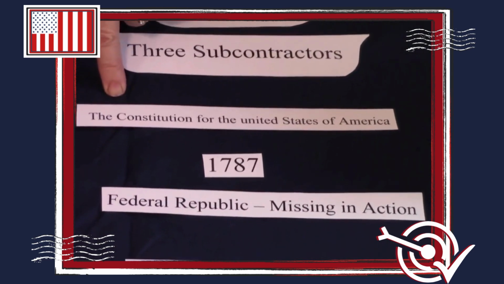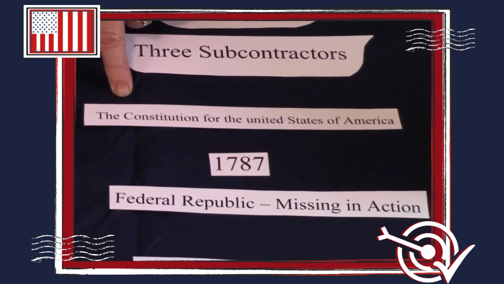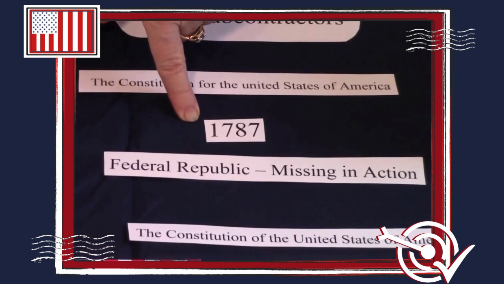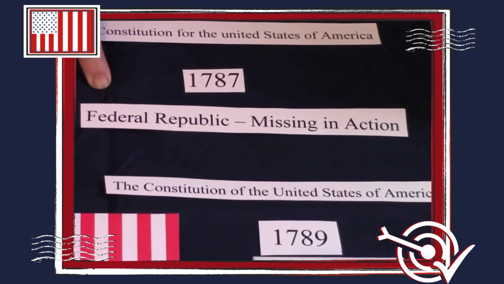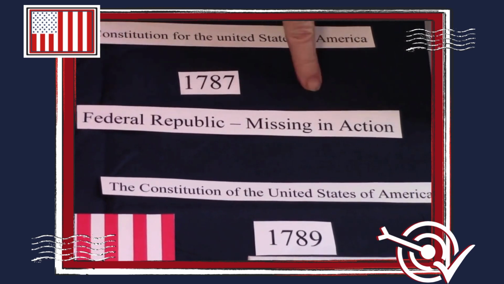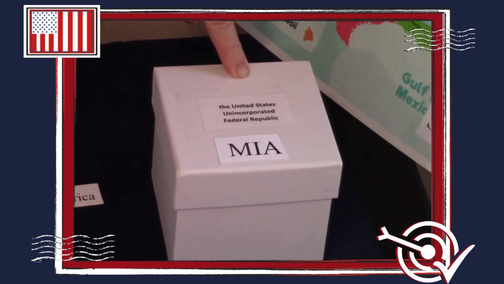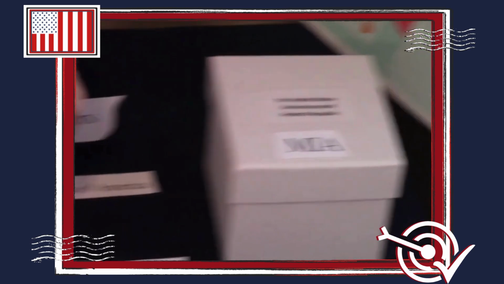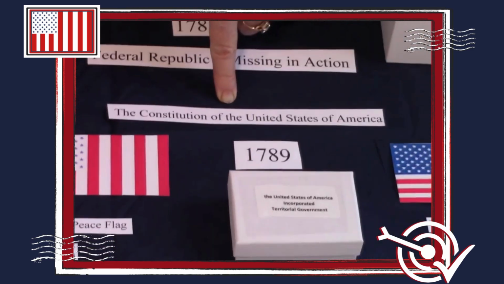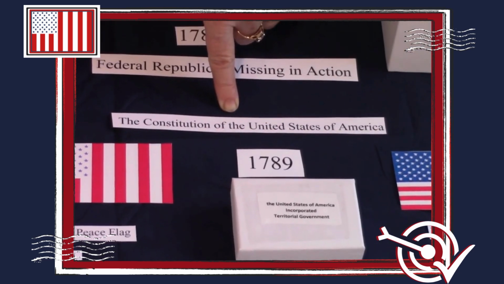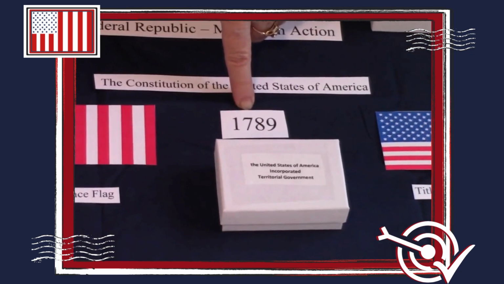This Constitution, known as the original Federal Constitution, came into effect in 1787. But the Federal Republic that it was designed to operate has been missing in action since the 1860s. Next, among the subcontractors, we have the Constitution of the United States of America, which came into effect in 1789.